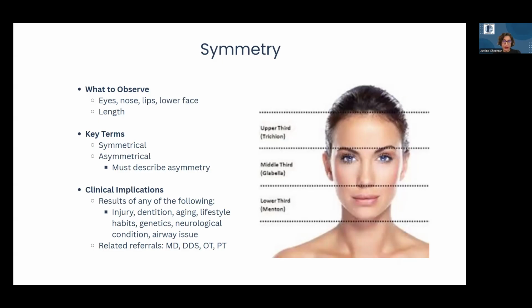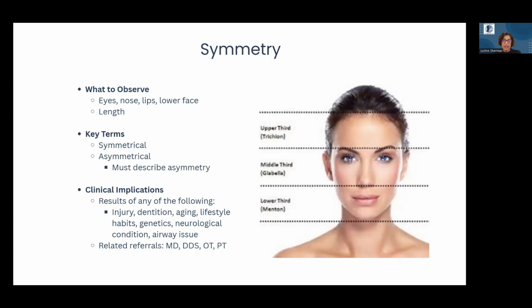Asymmetry is not inherently pathological. It's the pattern that matters. So contributors may include neurological conditions, structural or surgical history, dental or occlusal asymmetries, chronic airway obstruction, or longstanding habitual patterns. This is why detailed observation and descriptions are essential.